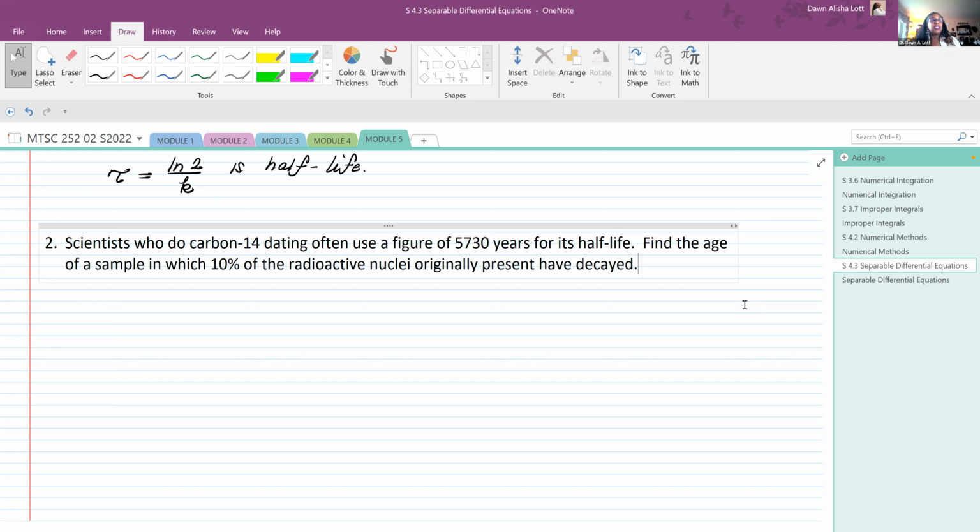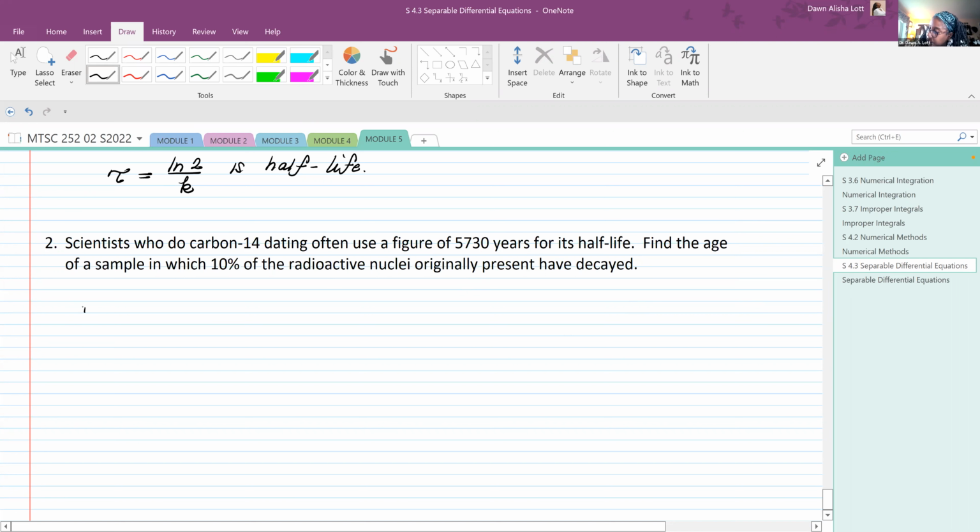Find the age of a sample in which 10% of the radioactive nuclei originally present have decayed. Okay. So we need to find the age of it using this. All right, so they give us the half-life.